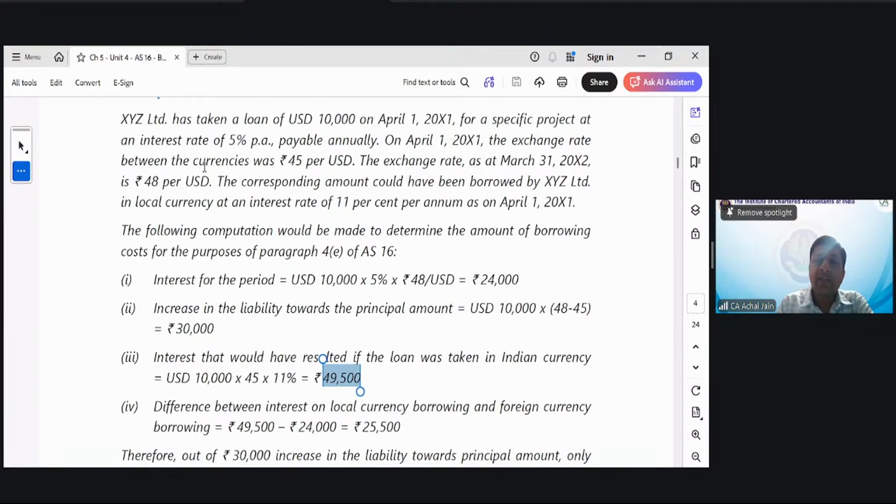Can you tell me the amount of interest the company has been able to save by taking the loan in foreign currency? Over to you quickly. 6%. No, I'm not asking the percentage. I'm asking about the amount. What is the amount of interest the company has saved?